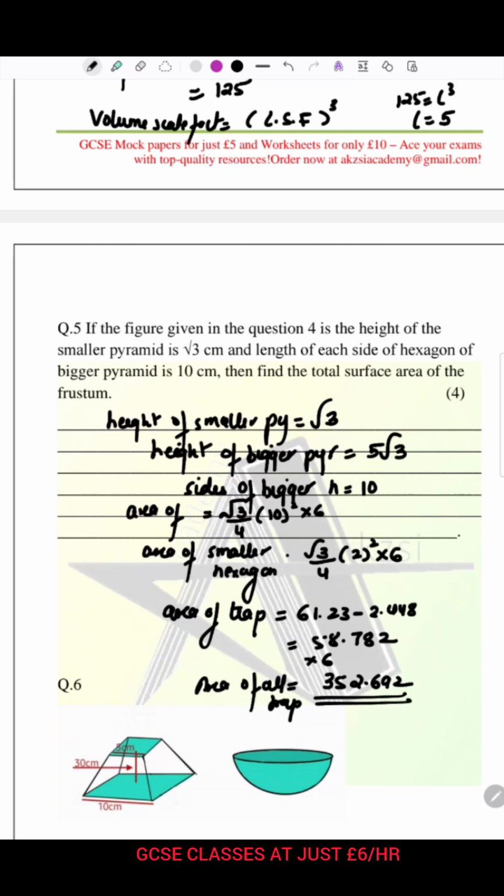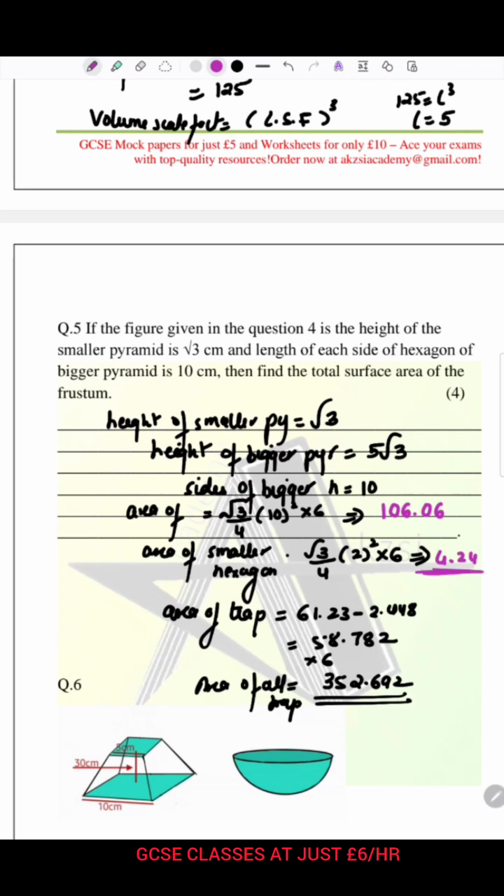Now to calculate the total surface area, I just need to add the area of all solids. That means the bigger hexagon, the smaller hexagon, and the trapeziums, and need to add them up. This is equal to 106.06, and this one is equal to 4.24.